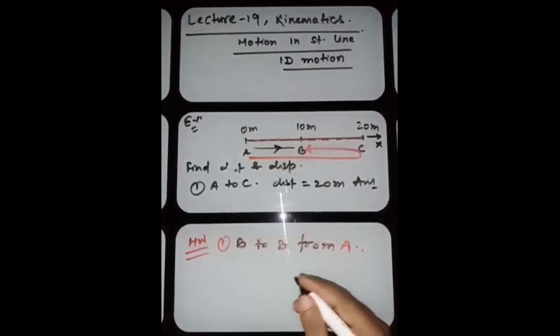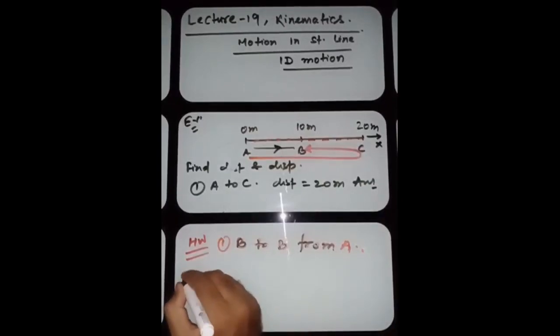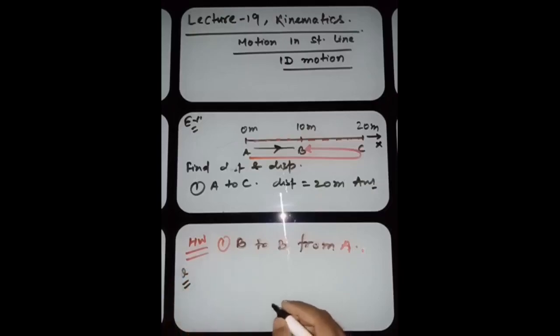Now we move towards another type of question. On a circular track, you have to find distance and displacement. Here, Monty is moving on a circular track.